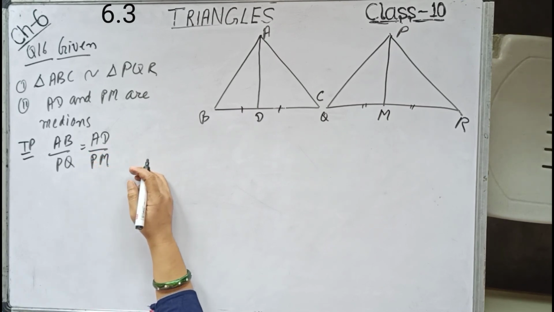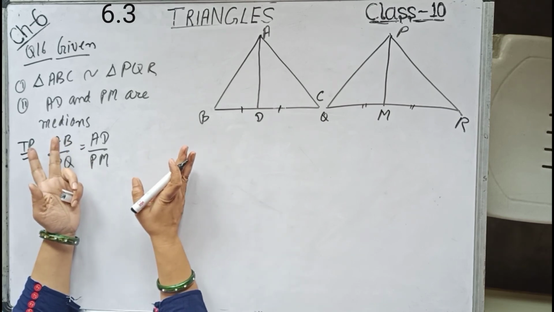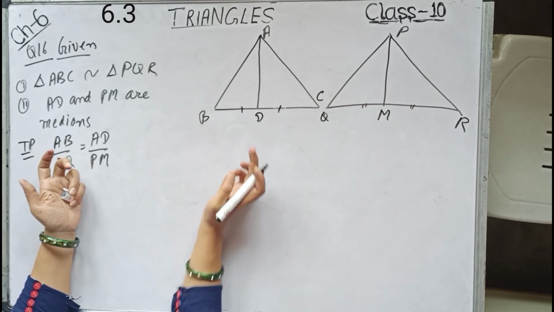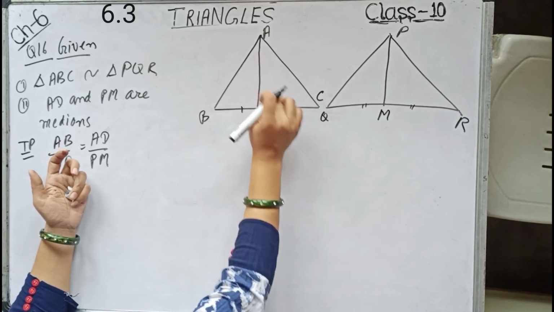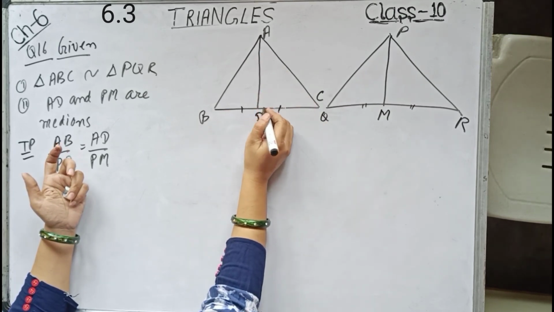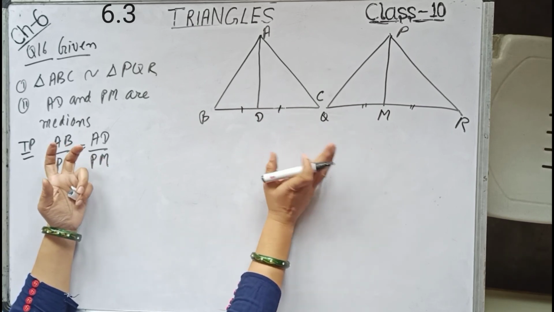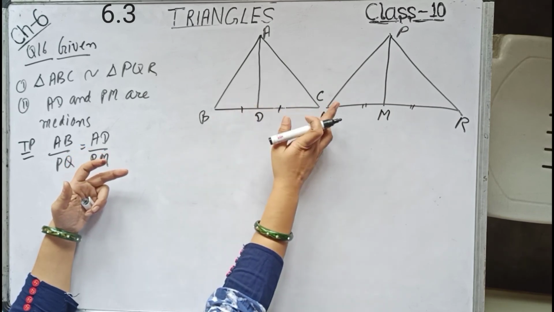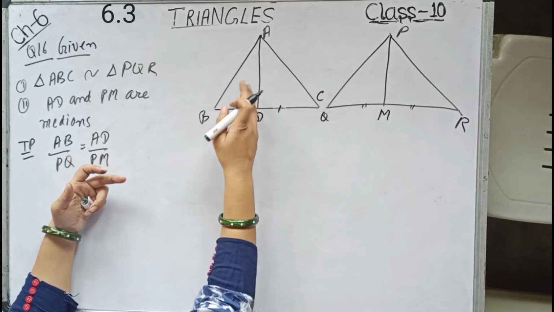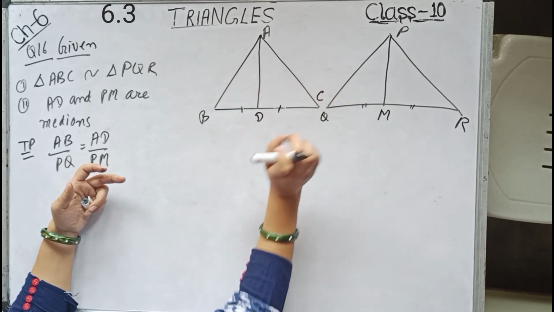Now over here children, in this question it is given AD and PM are medians. It can be given in the exams that AD and PM are the angle bisectors, that is this equals this. And also it can be given that AD and PM are the altitudes, that is this angle is 90 degree. So in all the three cases, the proofs are to some extent similar with the concept base: when it is altitude, how to prove these two triangles similar, when it is angle bisector, how to prove these two triangles similar, and over here since it is median, we will be proving these two triangles similar.